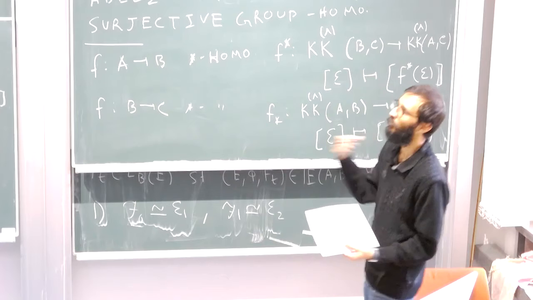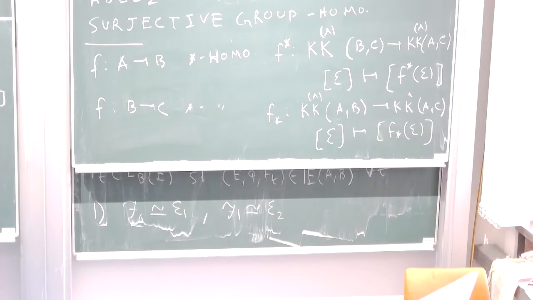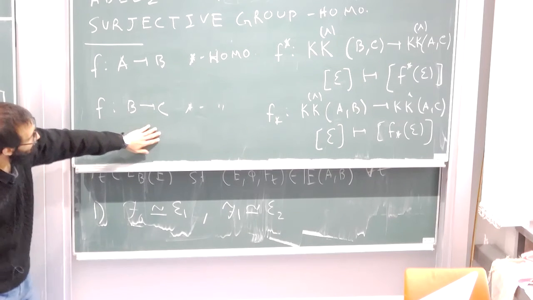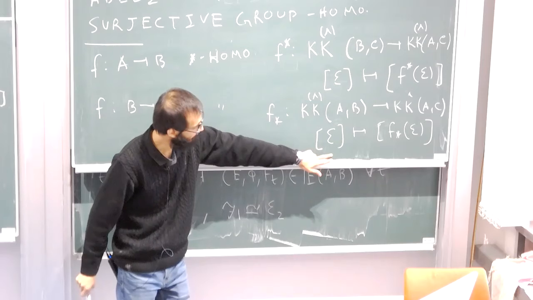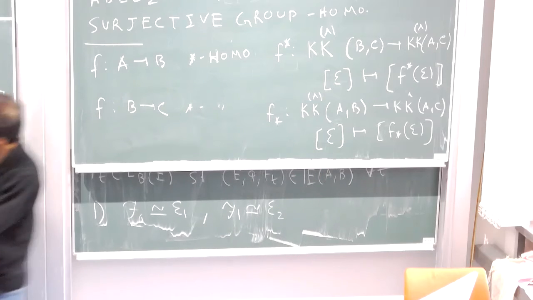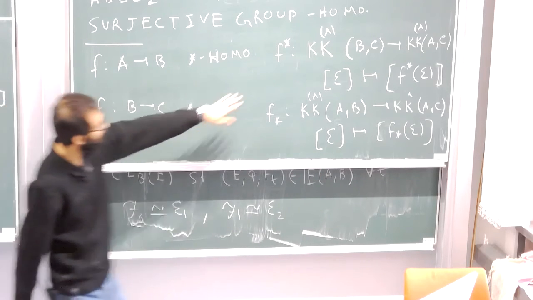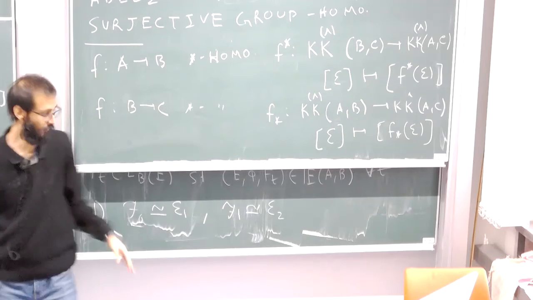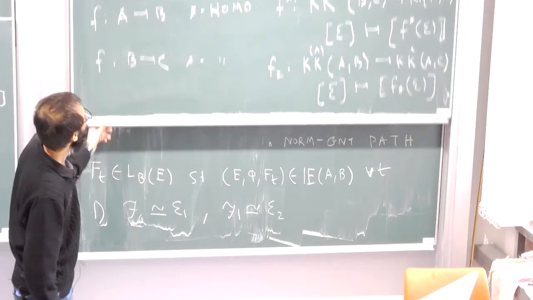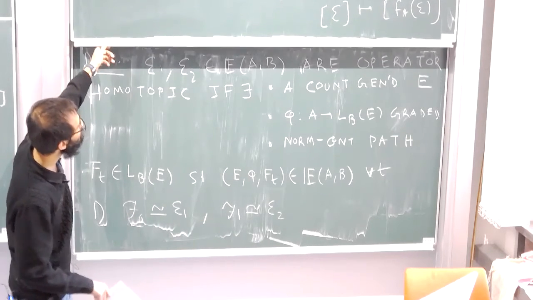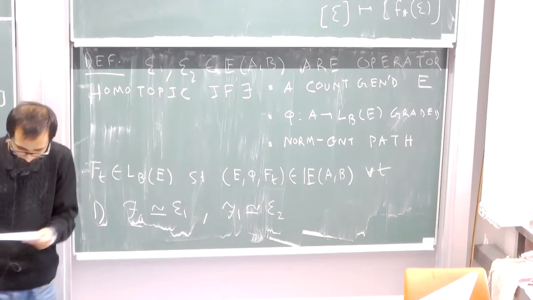For the first property, I need KK star of the first variable to be a covariant functor. So I have obtained an abelian group, and this says that if I fix the first variable, I indeed have a covariant functor. The second one says that it should be a contravariant functor with respect to the second variable, and this says that I indeed have a contravariant functor. So these are the functorialities. I still have a long way to go.